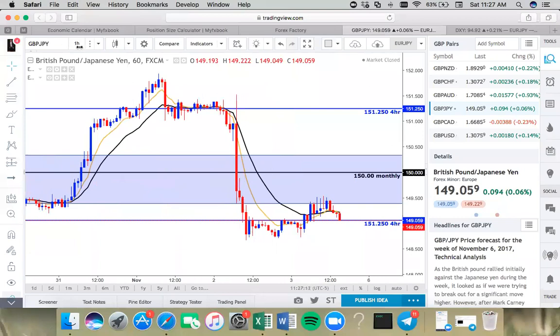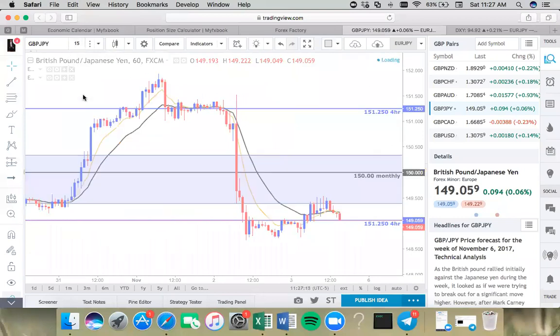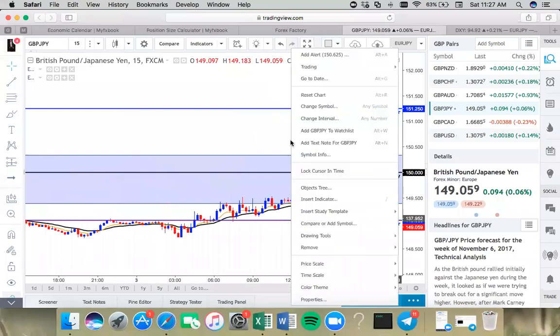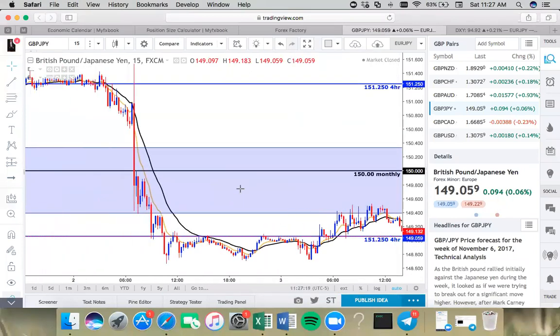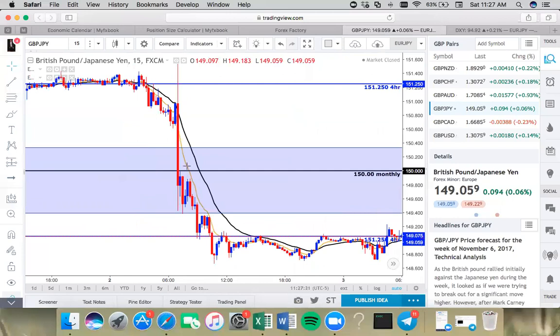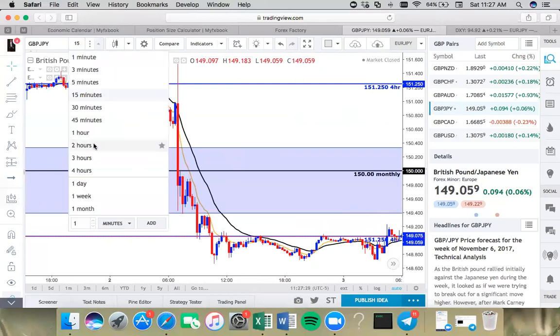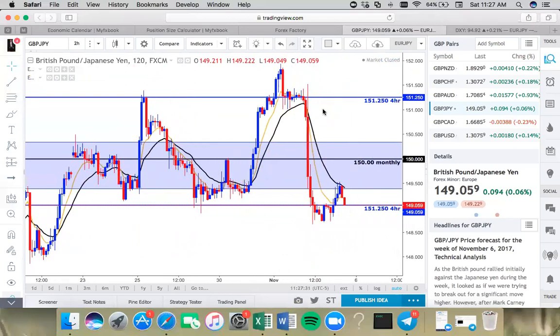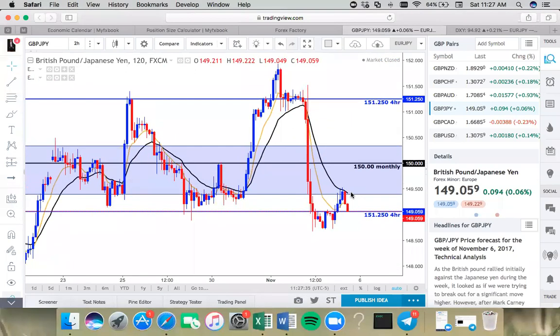Look what's going to happen if I go down to 15 minutes. I'll reset that. Look at all that. See all this? All that would have made someone come out right here instead of taking the ride down. Imagine you were looking at the 4 hours alone, or the 2 hours. You would have just seen some long red. You would have been more confident than if you looked at the lower time frames.